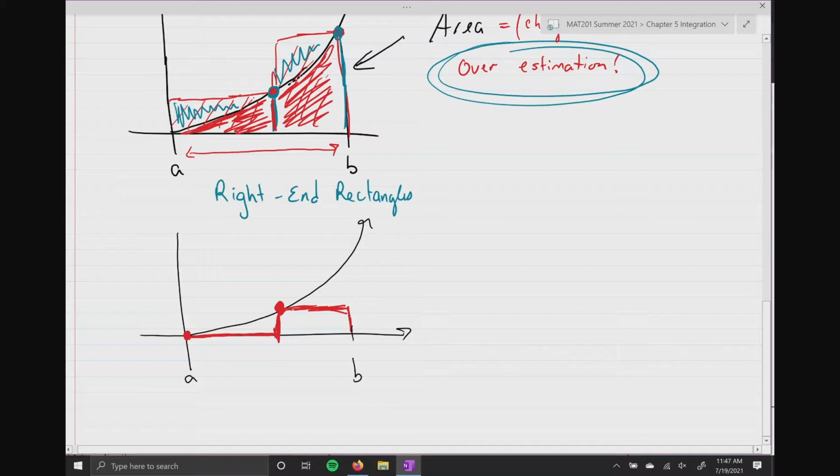But notice here, I get the area of two rectangles. However, in this turquoise here, I am missing this area right here. So this is what we call an underestimation, okay?